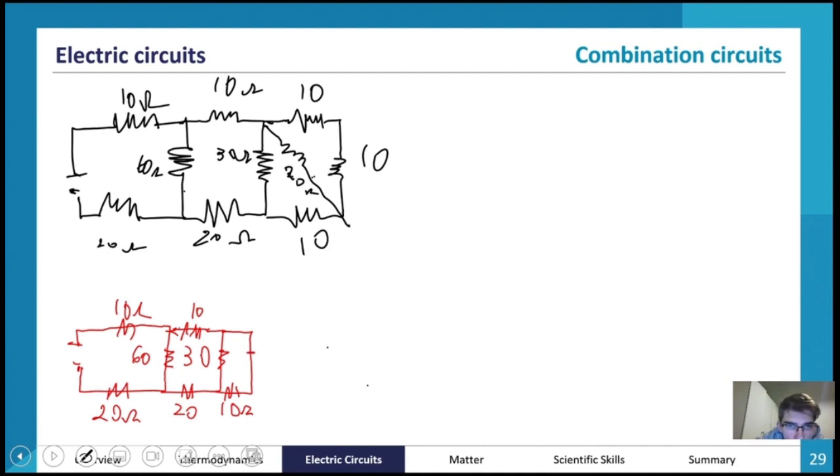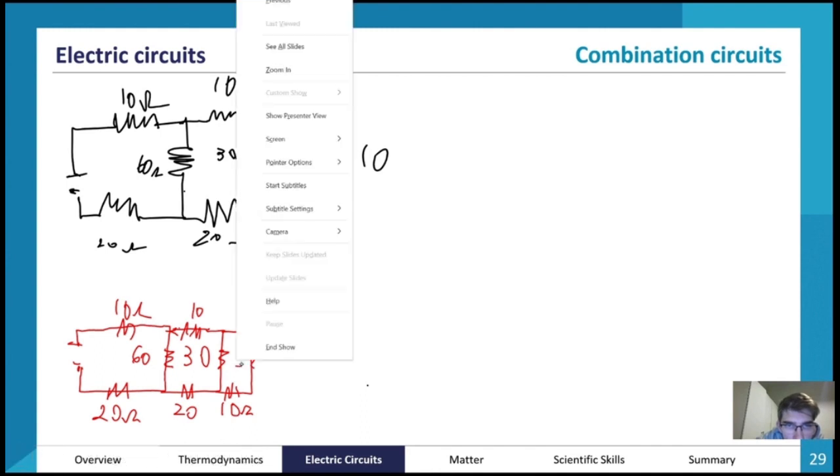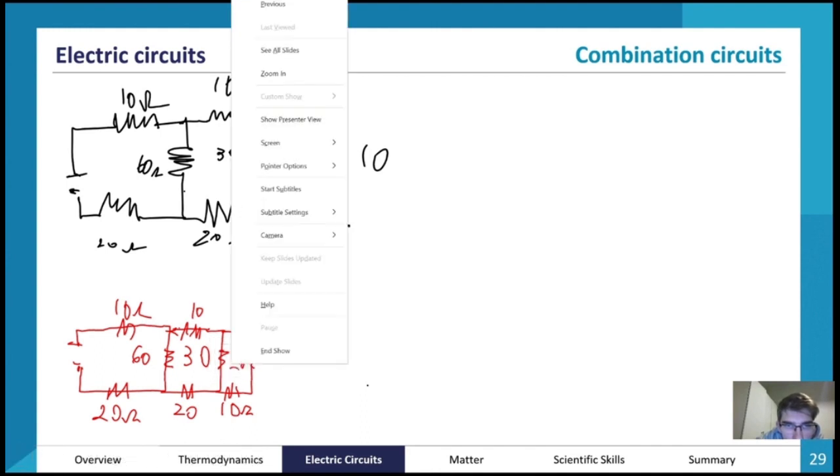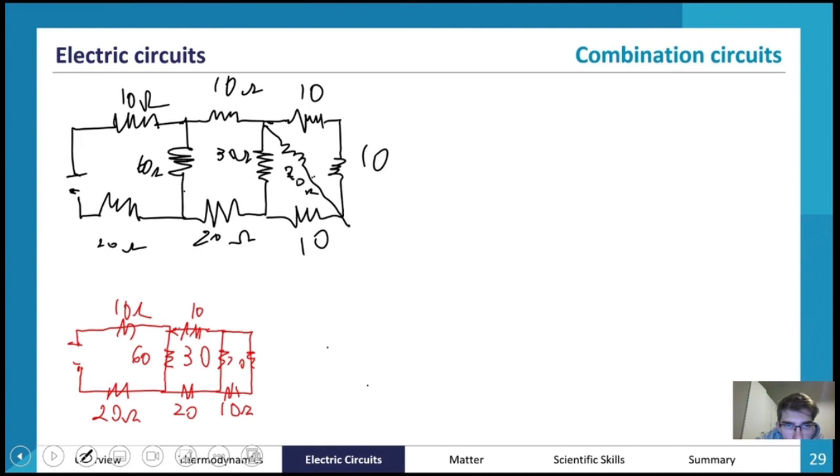This is 20 ohms again, and this is 20 ohms again. Now the 20 and the 20 are in parallel, right?